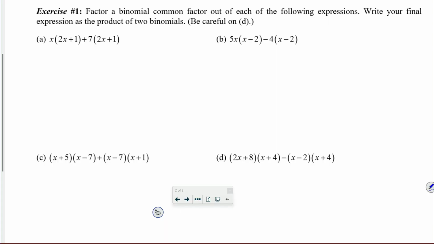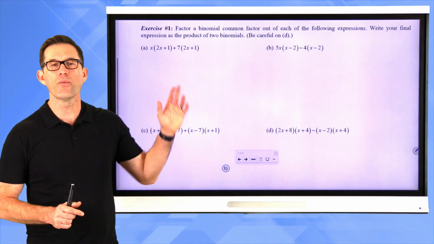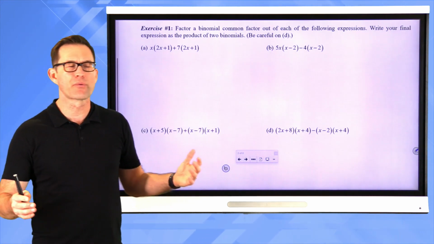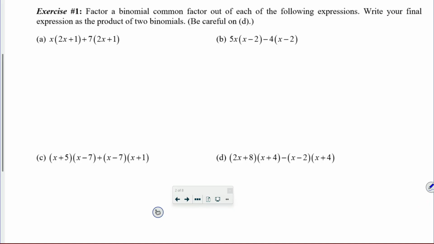Factor a binomial common factor out of each of the following expressions. Write your final expression as the product of two binomials, parentheses, careful on D. All right, so this is my point. If we were looking, a couple lessons ago, at a problem that looked like this, I'm just going to throw something out: 3 times x plus 3 times 7.